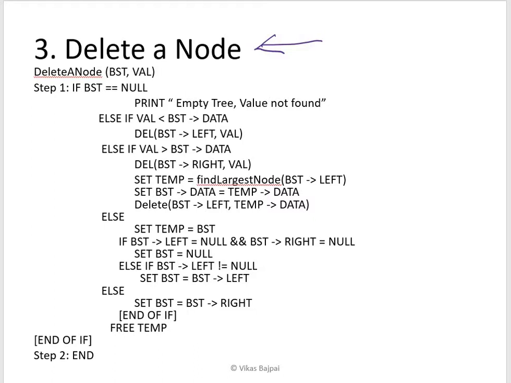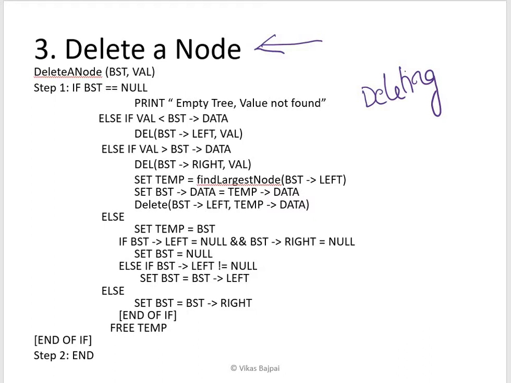The only thing which we need to take care of while deleting a particular node is that the deletion should be done taking the properties of the binary search tree with utmost importance. That means all the properties of binary search tree should not be violated.